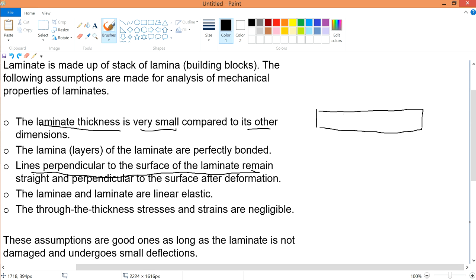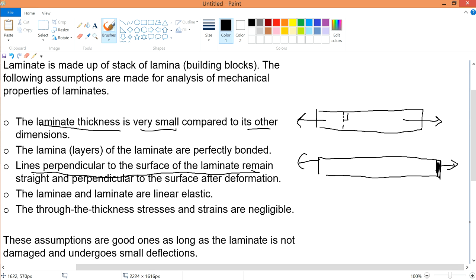Over here, this is the line, and it's perpendicular to the surface. Deformation means if you were to pull this, this line remains straight. Although it expands, this line over here remains straight. And this is what it's trying to say.